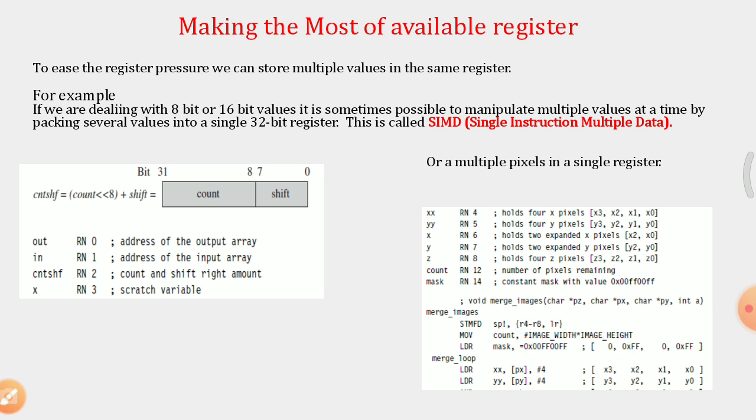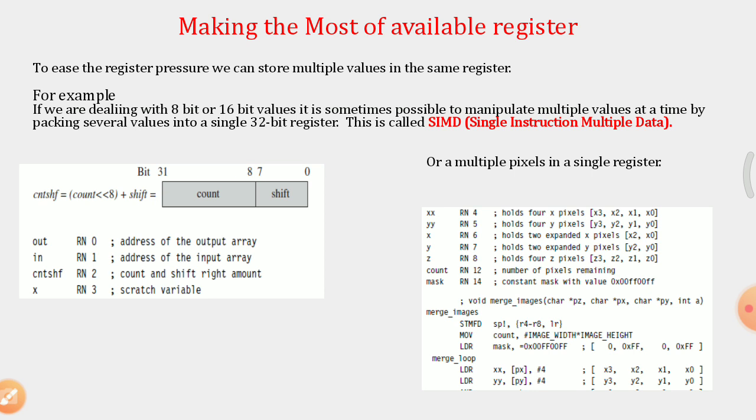Say for an example, if we are dealing with 8-bit or 16-bit values, it is sometimes possible to manipulate multiple values at a time by packing several values into a single 32-bit register. This is called SIMD, single instruction multiple data.